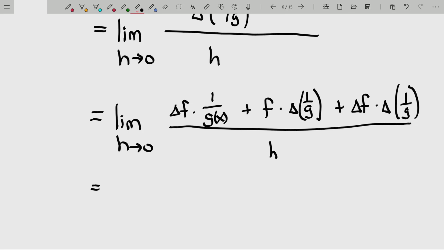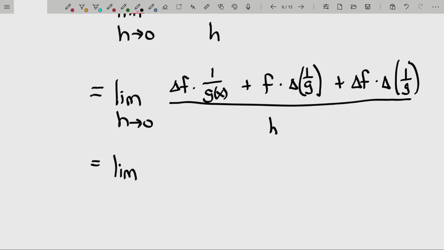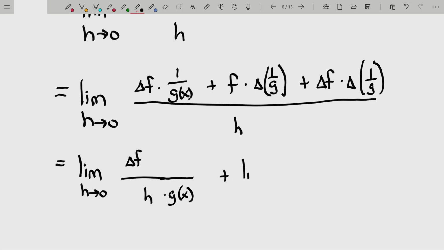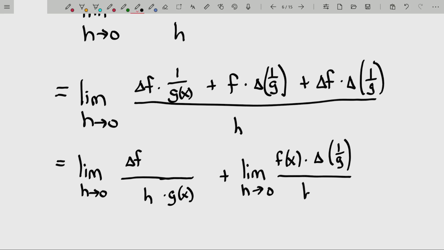So I'm going to write this as the limit as h approaches 0 of something over h. The something is going to be change in f over h times 1 over g. That's this first fraction over h. Plus the limit as h goes to 0 of f of x times change in 1 over g, which I haven't replaced yet, all over h.